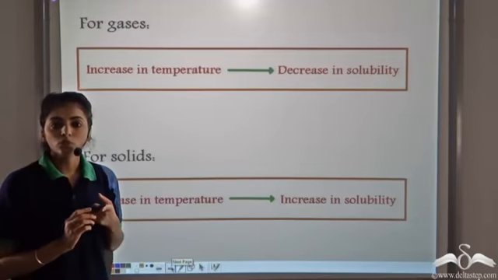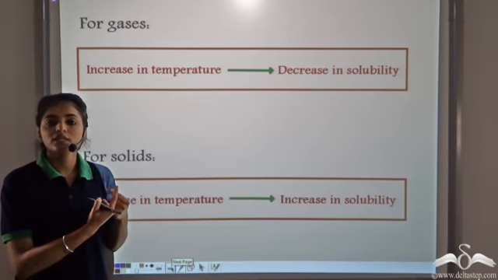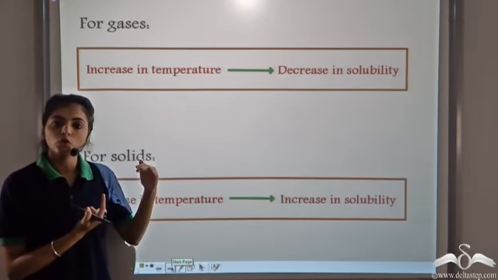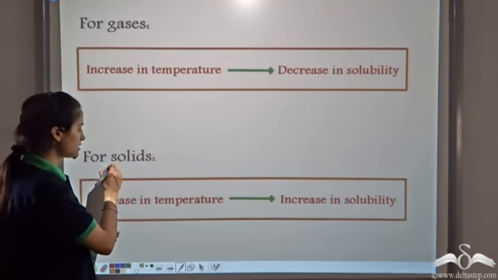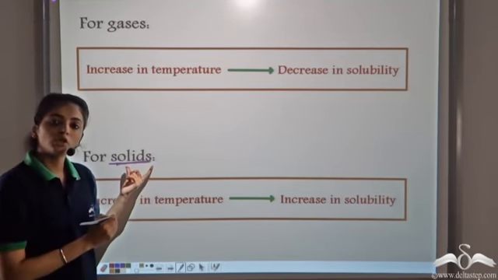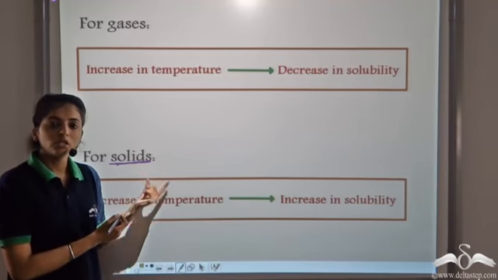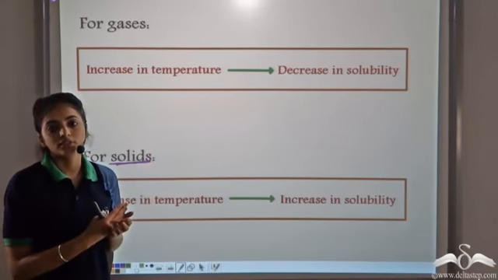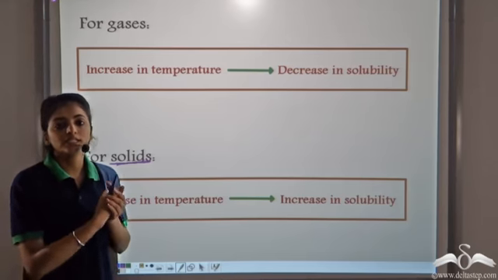In solids, we know that as we increase the temperature of the solvent, there is greater space for the solute or the solid particles to be dissolved. So for solid particles, the solubility increases with the increase in temperature, but for gases, it is the opposite. With the increase in temperature, the solubility of gases decreases.